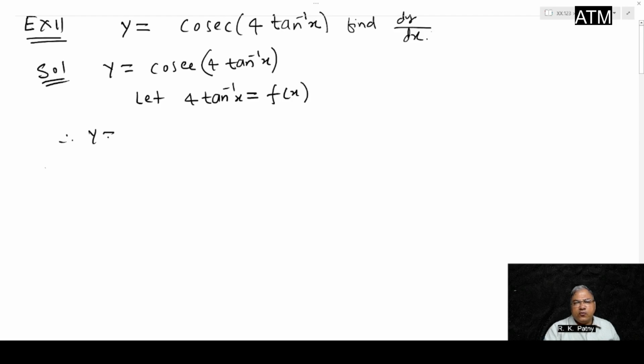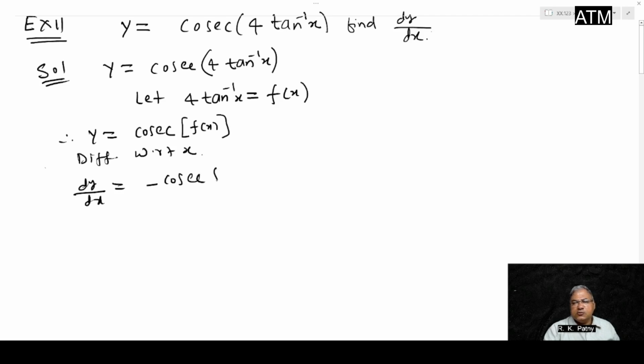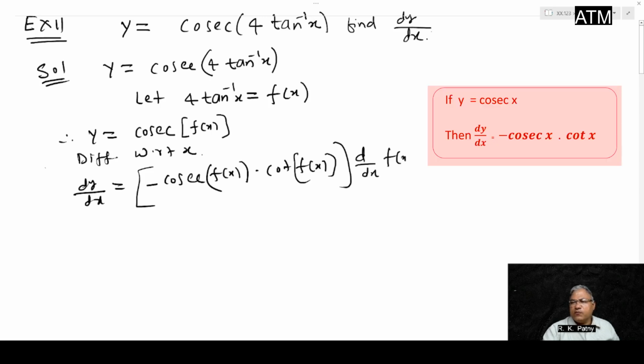Therefore, y equals cosec of f of x, differentiating with respect to x. Dy by dx equals minus cosec of f of x into cot of f of x into differentiation of f of x.